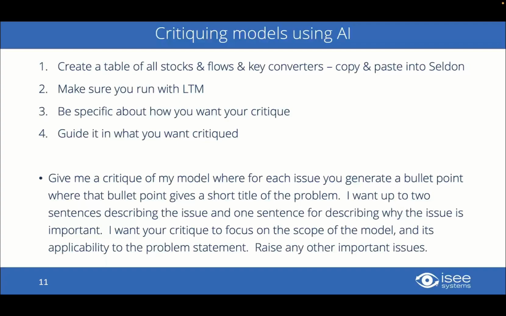So what I might do is pass it a bunch of links to research papers and ask Selden, based on the content of those research papers, does my model represent reality? So I'm specifically giving it an instruction to ignore anything it's learned in its training, and instead focus on what you are giving it right here, right now.